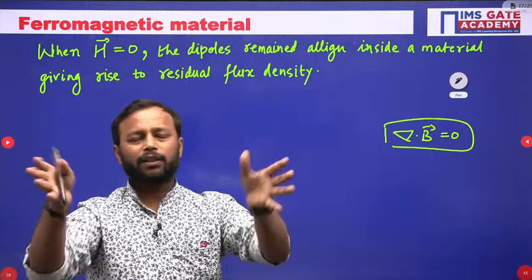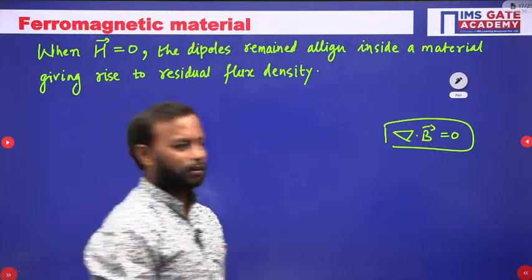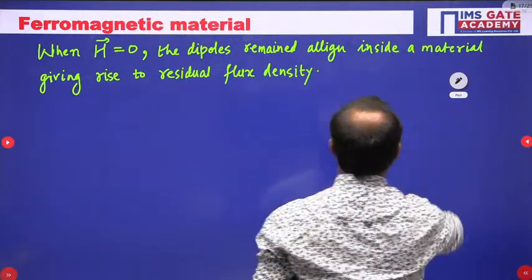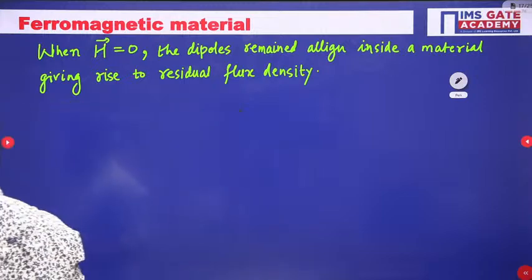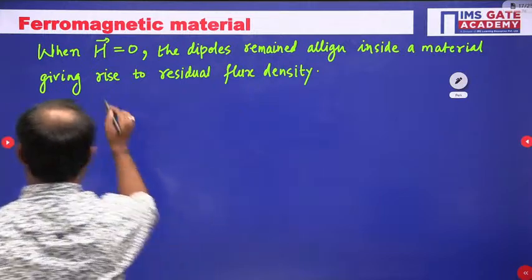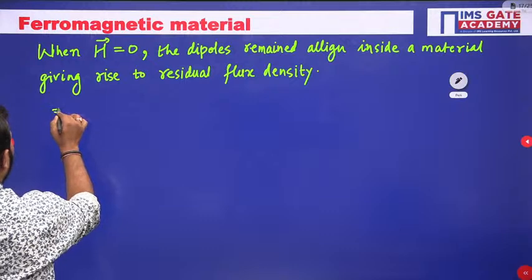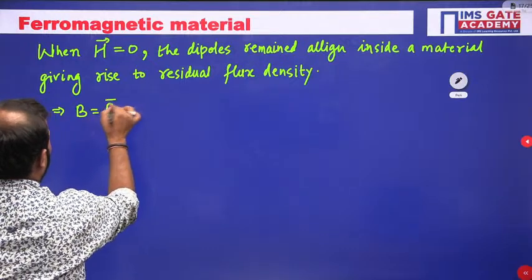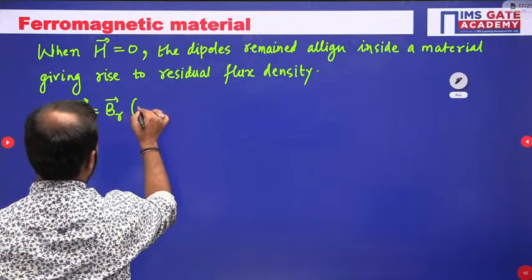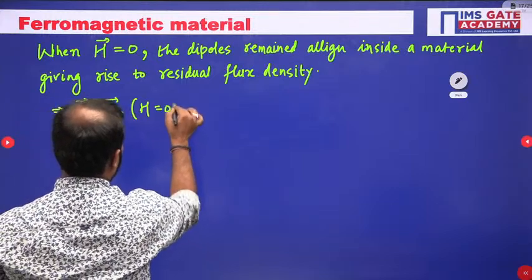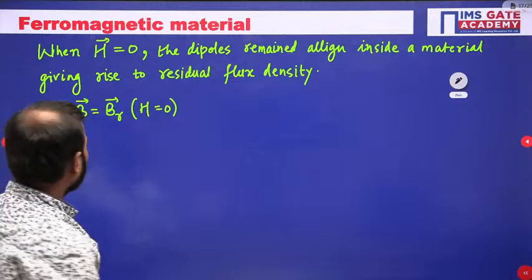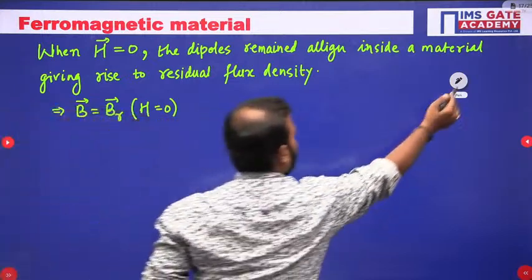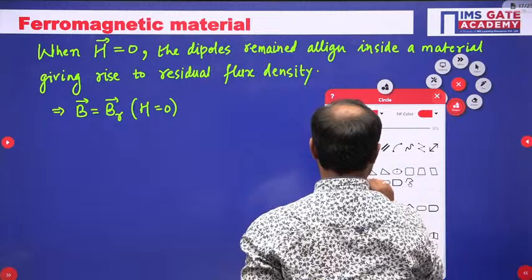Okay, so what I mean to say, this implies B is equal to BR even if H is equal to 0. So you might have seen this curve.